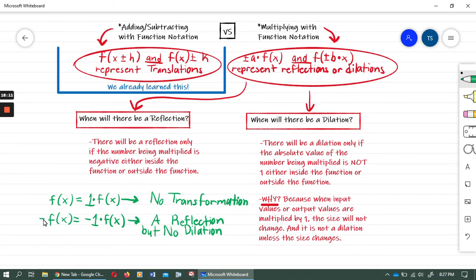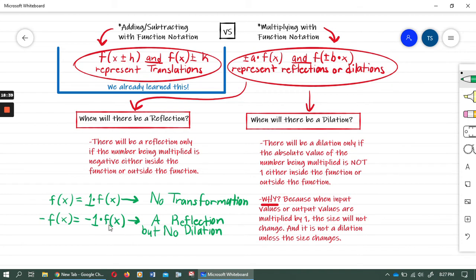And then if it did say negative f of x, and the negative was on the outside, that's the same thing as it being multiplied by negative 1. Because it's being multiplied by 1, the value itself doesn't get bigger or smaller. The value just changes signs.